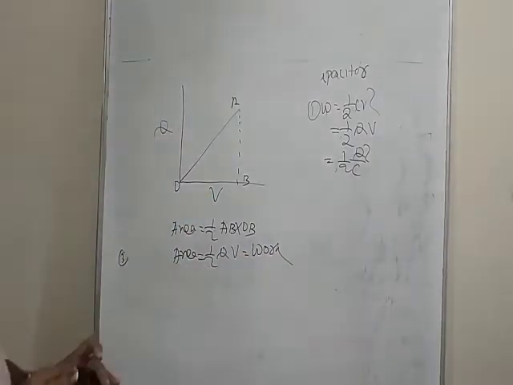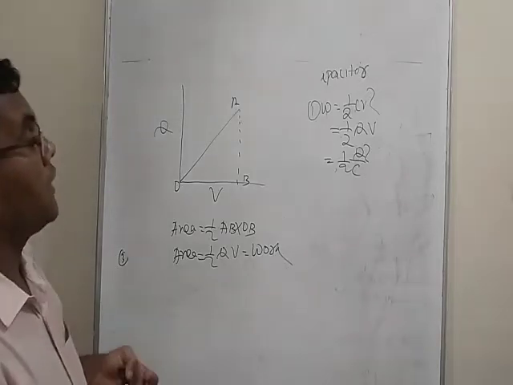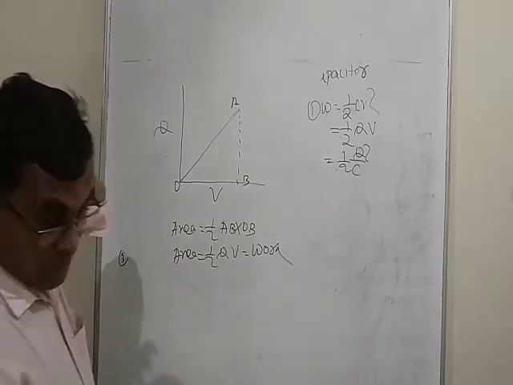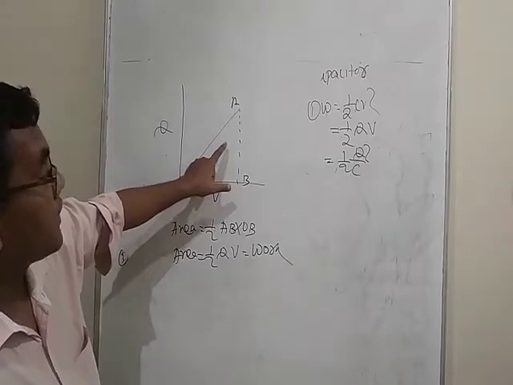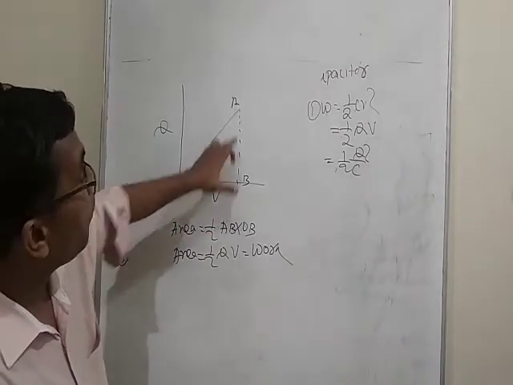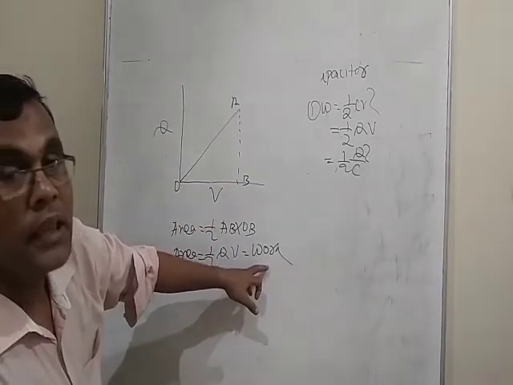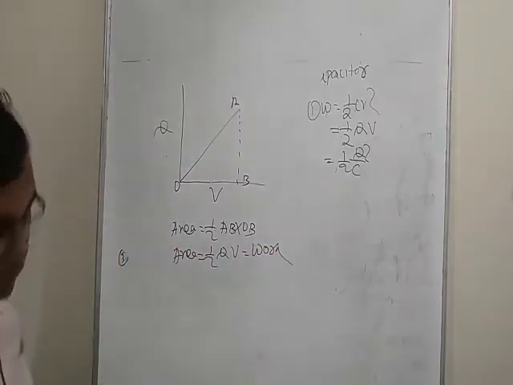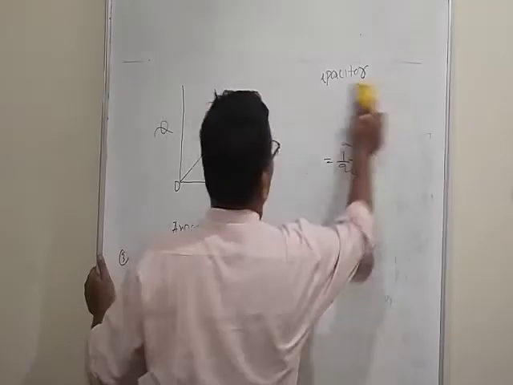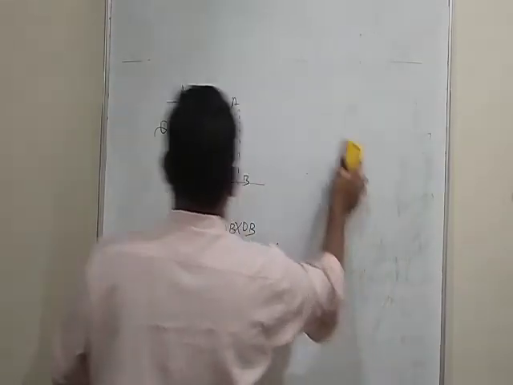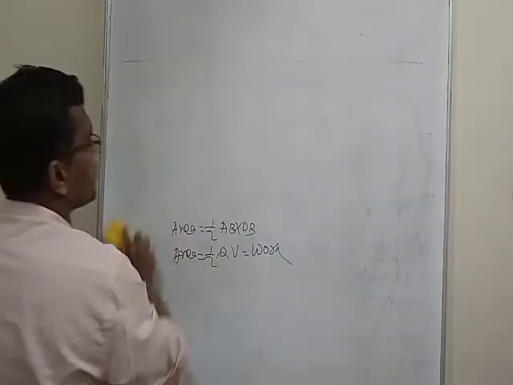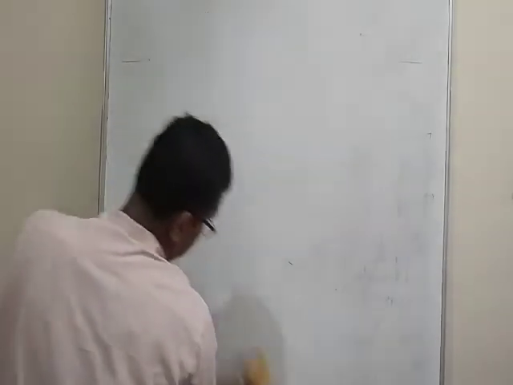So the area under the QV graph is the work done, or energy stored. The slope of the QV graph is capacitance, but the area under the QV graph represents energy stored or work done.